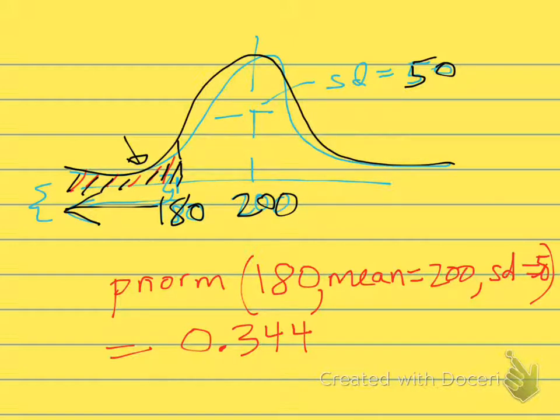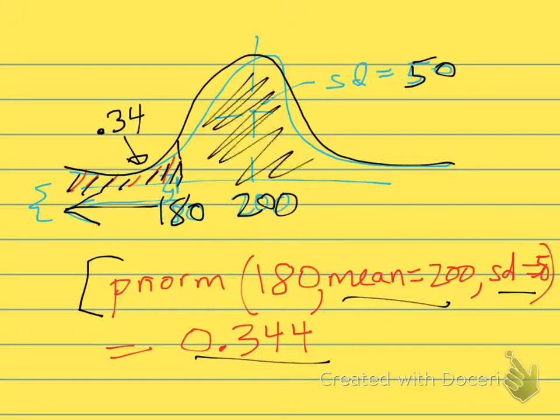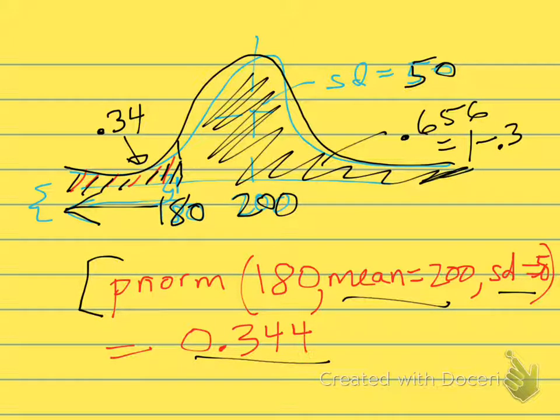So what's that probability? Well, we can look that up in R with the simple command pnorm(180, mean=200, sd=50), and we find that that probability is 0.34, so it's 34%. So this probability is 0.34, which means that the black shaded area is 0.656, right? 1 minus 0.344.